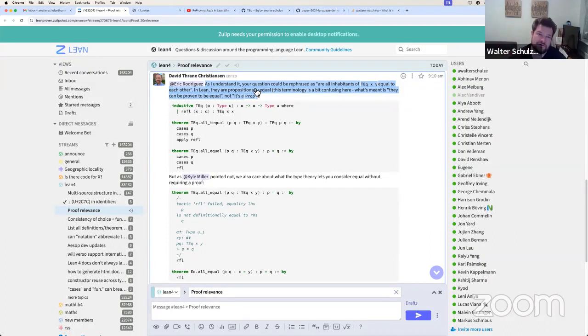That's just thinking out loud for myself. Then in Lean, they are propositionally equal. This is a bit confusing. They can be proven to be equal. It's a Prop, so this I don't understand.